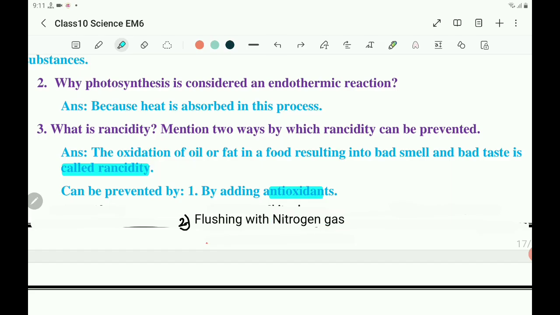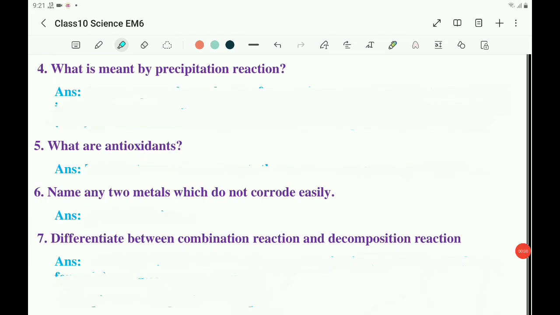Here we have to flush the food with nitrogen gas, meaning instead of air the packet should contain nitrogen gas, which prevents the contact of air. That is, replacing air with nitrogen in food packaging also prevents oxidation. In this way you can prevent rancidity.